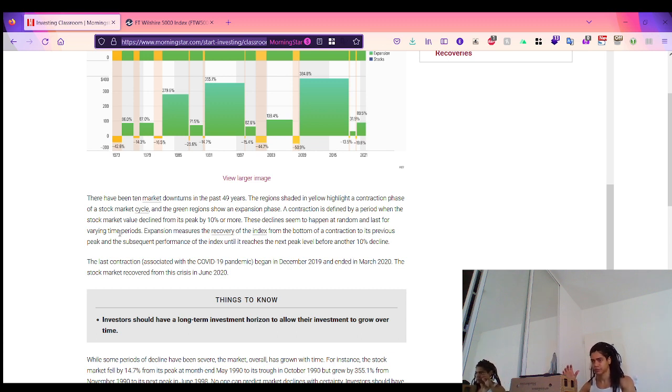So that's the whole idea of the index, to measure progress. An index is to measure progress.